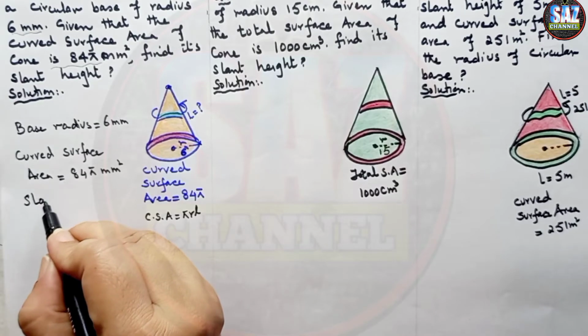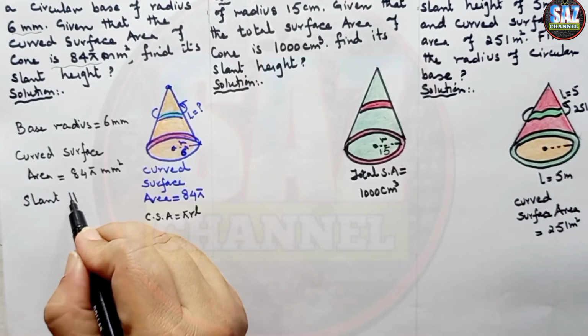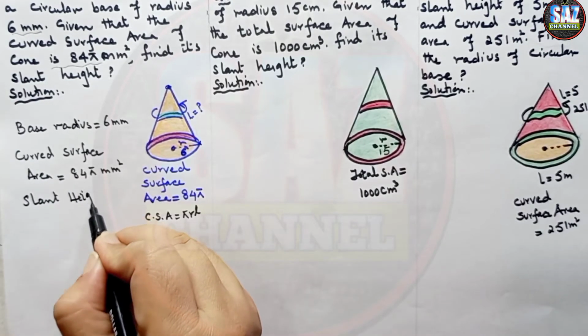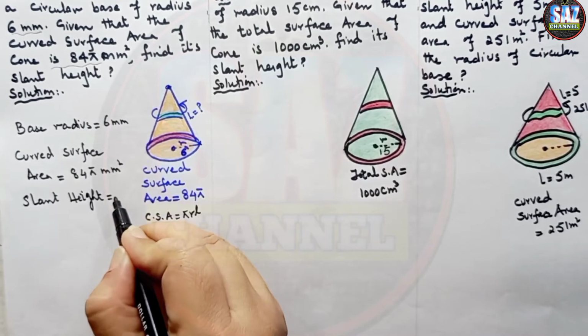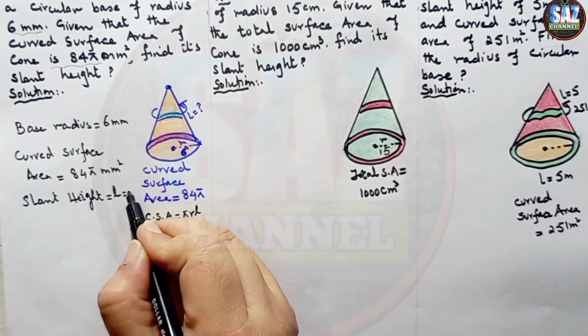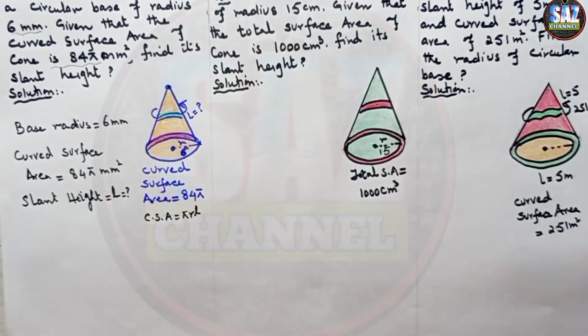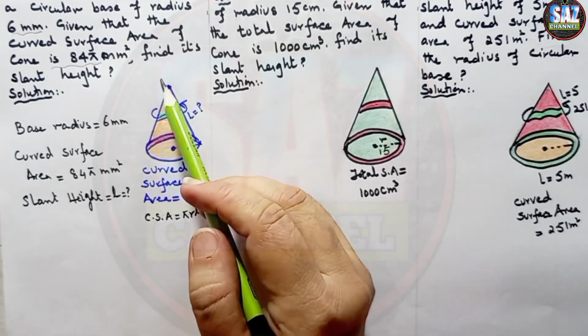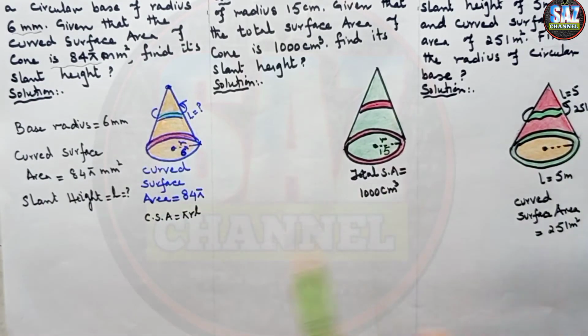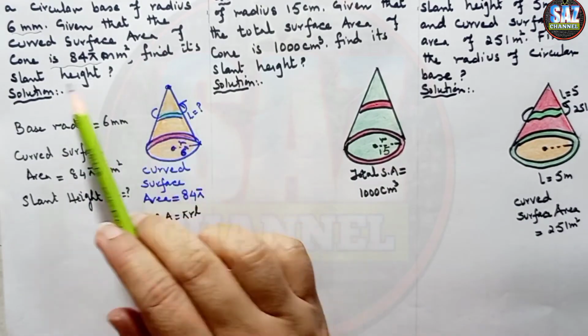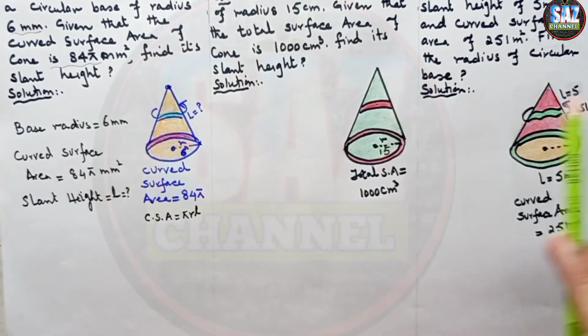Find its slant height. The information that begins with the words what, find, how is the requirement of the question, and the information after the word find is its slant height. So the slant height is missing.